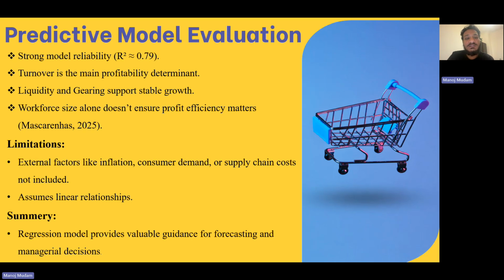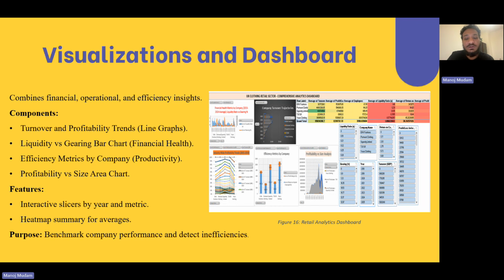Turnover alone does not ensure profit margins. The limitations are that external factors like inflation, customer demands, and supply chain costs are not included, and it assumes linear relationships. In summary, the regression model produces a valuable guide for forecasting decisions. This is about the predictive model evaluation, and going to the visualization and dashboard.